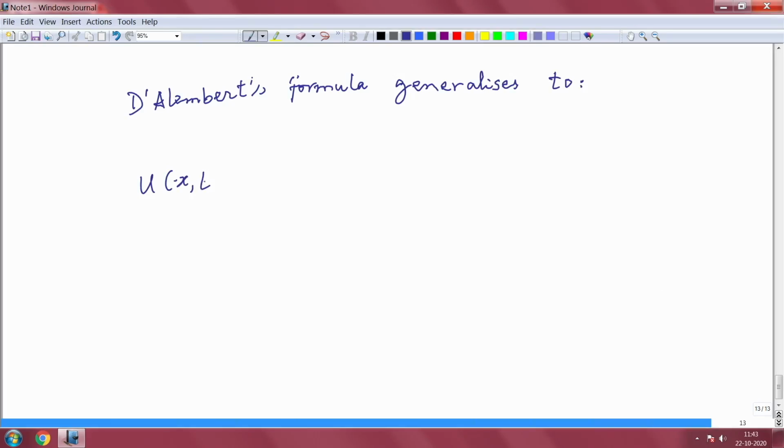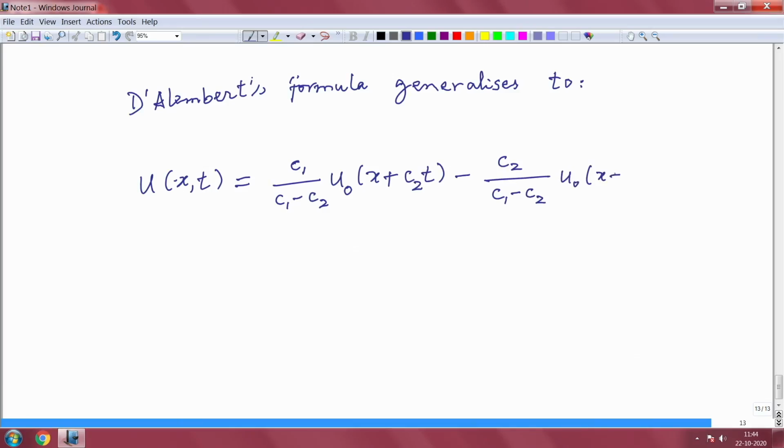u(x,t) is equal to C1 by C1 minus C2, it is very similar to D'Alembert's formula, u0 of x plus C2t, minus C2 by C1 minus C2 u0 of x plus C1t.